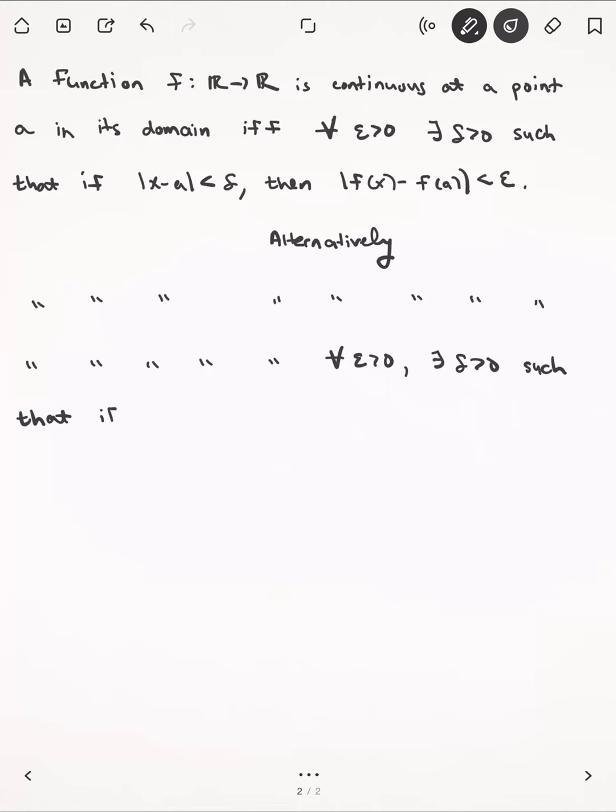Alternatively, you have a function f is continuous at a point a in its domain if and only if for all epsilon greater than 0, there exists a delta greater than 0 such that if x is in the delta neighborhood of a, then f of x is in the epsilon neighborhood of f of a.